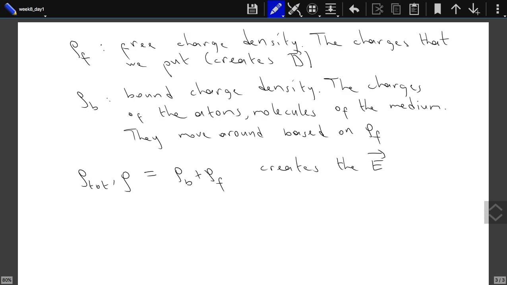So these are basically the summary of the new fields and the densities that we will be talking about. Any questions on these?